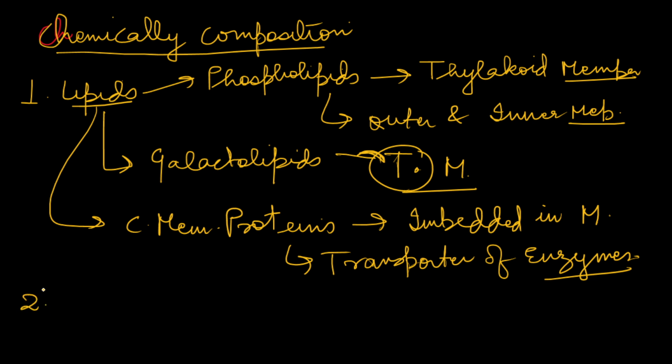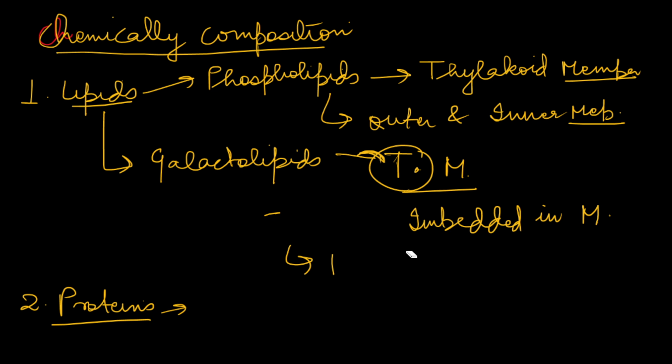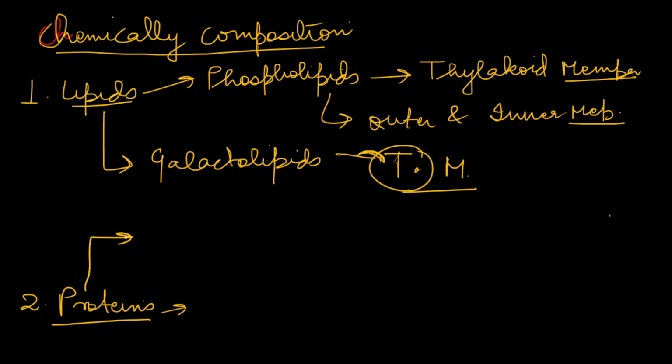Secondly, we have proteins present here. First of all, you will find proteins in photosystem complexes.